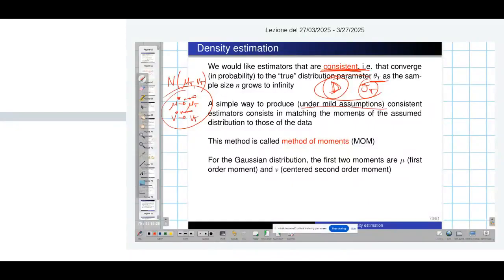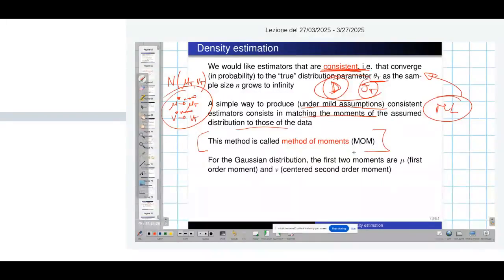Now, the maximum likelihood estimation is a consistent estimator. So we can show that if the frequentist assumptions were correct, so if I were generating my samples really from a Gaussian distribution, then the maximum likelihood solution, as the number of samples goes to infinite, will converge to the true value of the distribution parameters. There are other estimators that are consistent, that are sometimes used because they are easy to use.